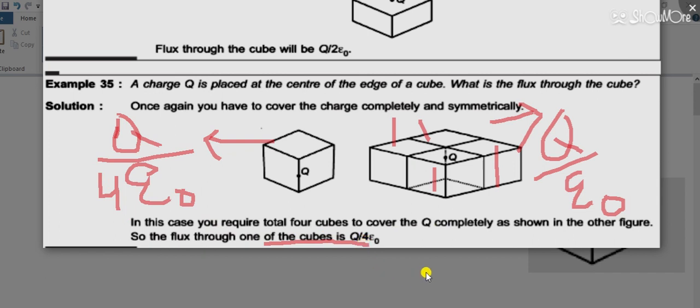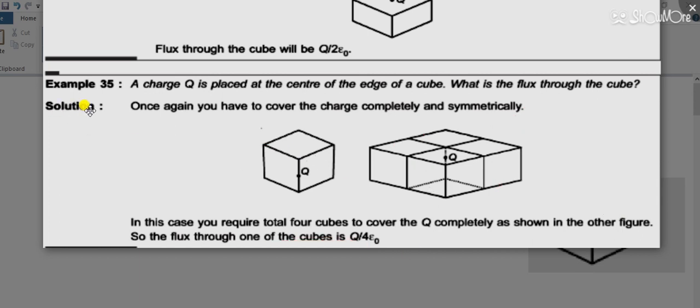Students, I am extending this question. q by 4 epsilon naught is the flux linked with 1 cube. Now, as I said yesterday, the charge is touching two faces, this face and this face.